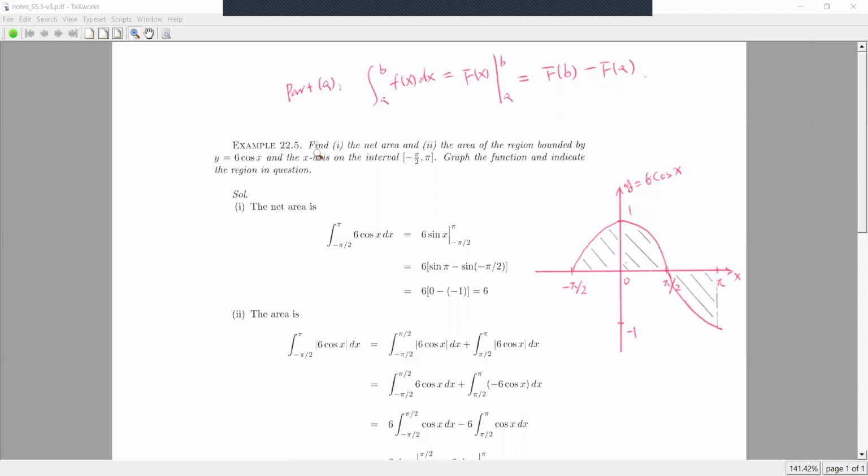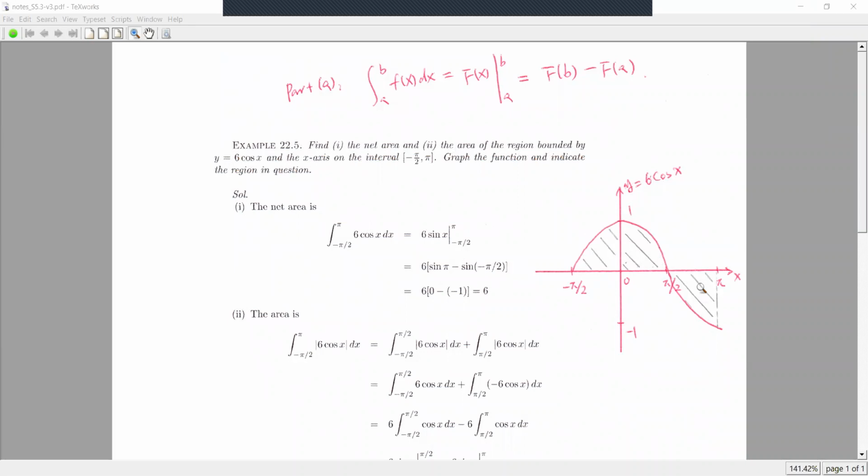Example 3. Find the net area and the area of the region bounded by this function and the x-axis on this interval. In this diagram, I have plotted the shaded region. Now, this example has 2 questions. Question 1, find the net area of the shaded region.